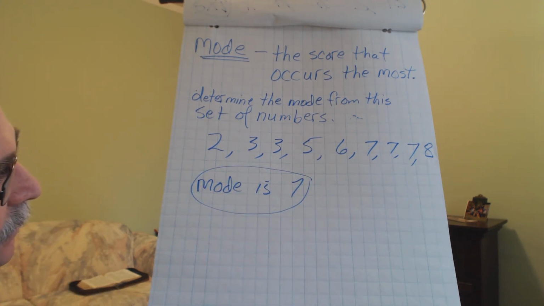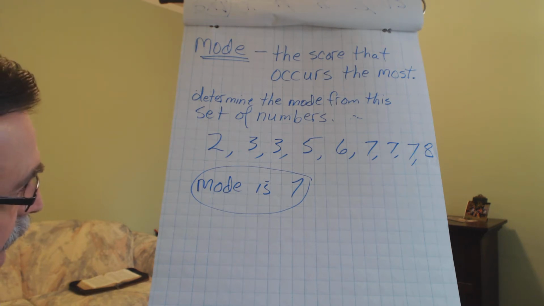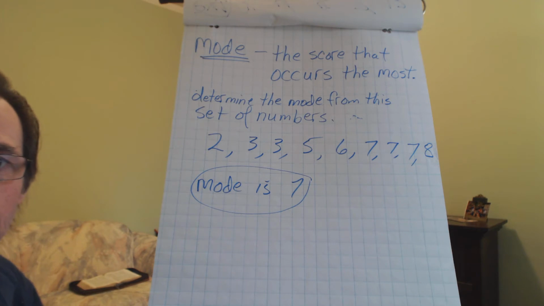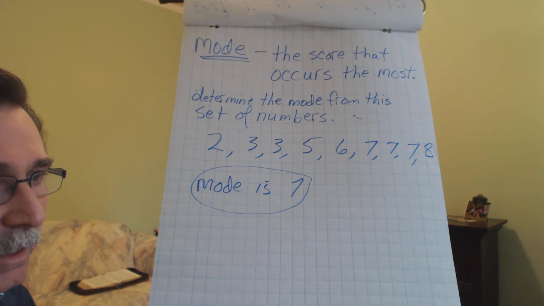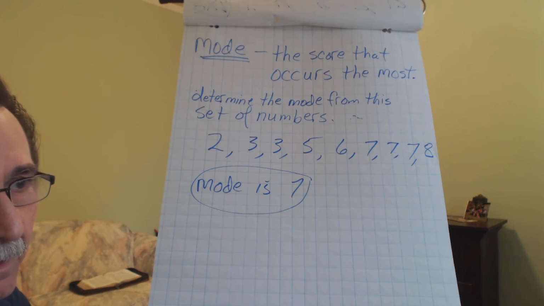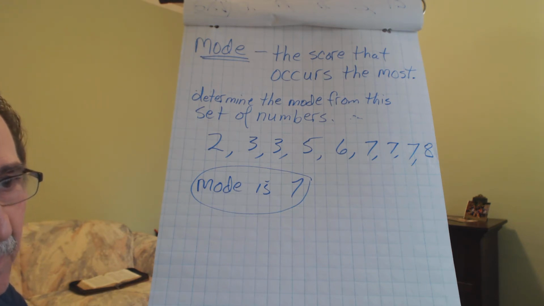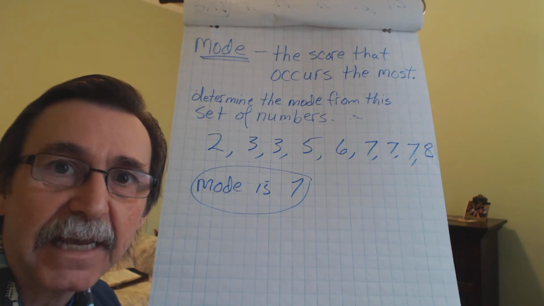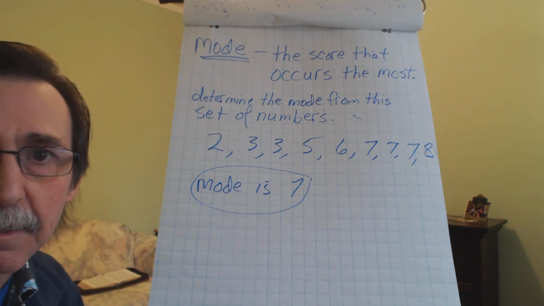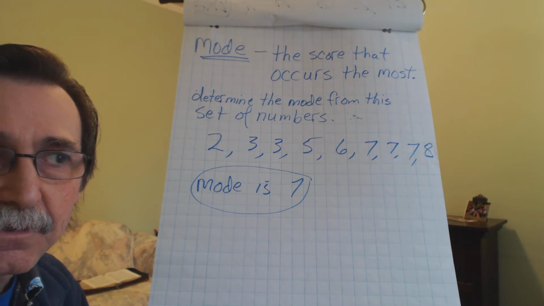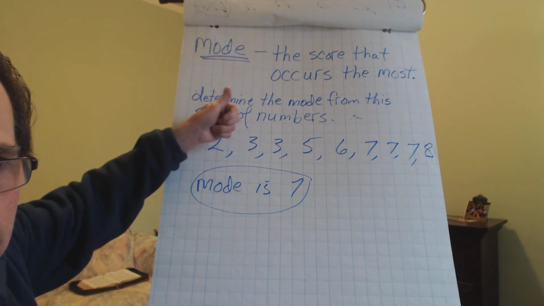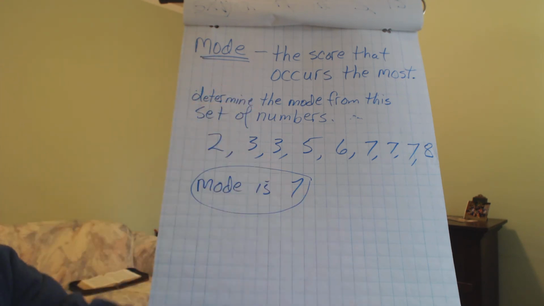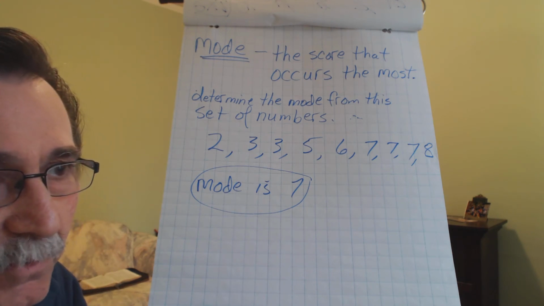Now some places use the mode more than other places. For example, my friend Steve used to be a manager of a shoe store. And of all the shoes that he would sell, it wouldn't make sense for him to say, well, I've got an average size of 8.21. There's no such thing. So what would he use of the 3 measures that we've talked about already? Mean, median, or mode? What would he use in doing his business?